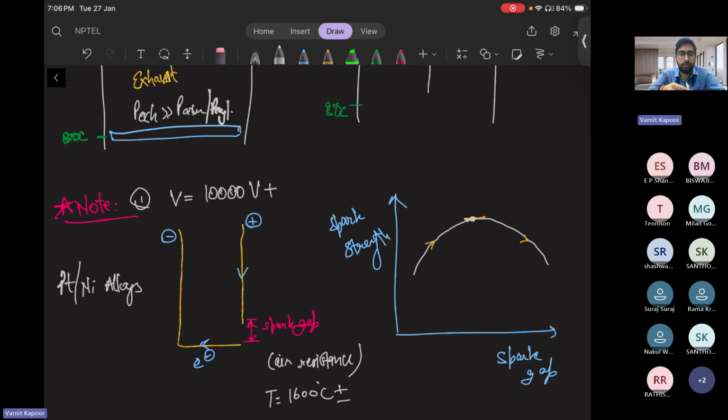Any other doubt? For the auto expansion, okay. I'll come to the auto cycle later, don't worry.